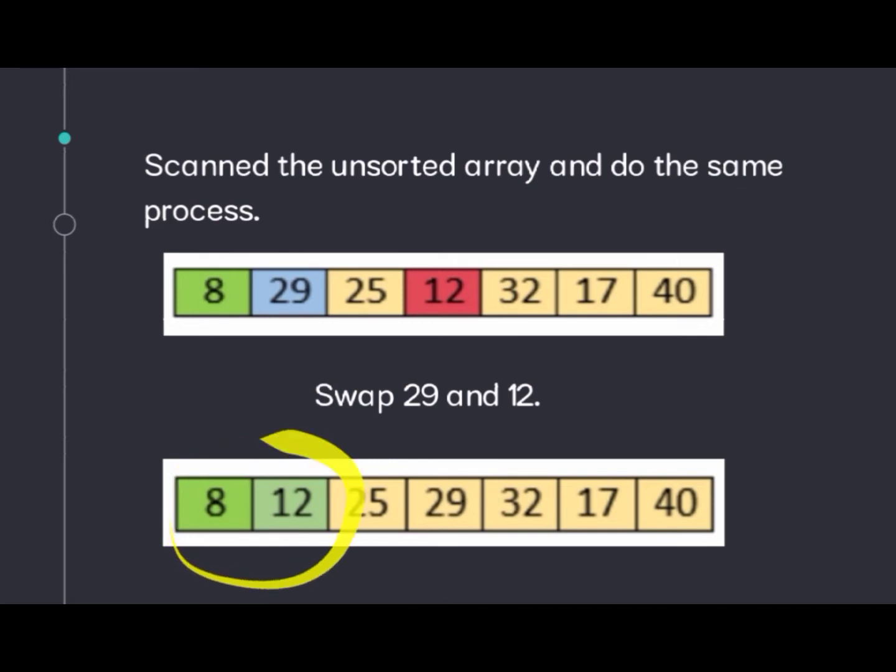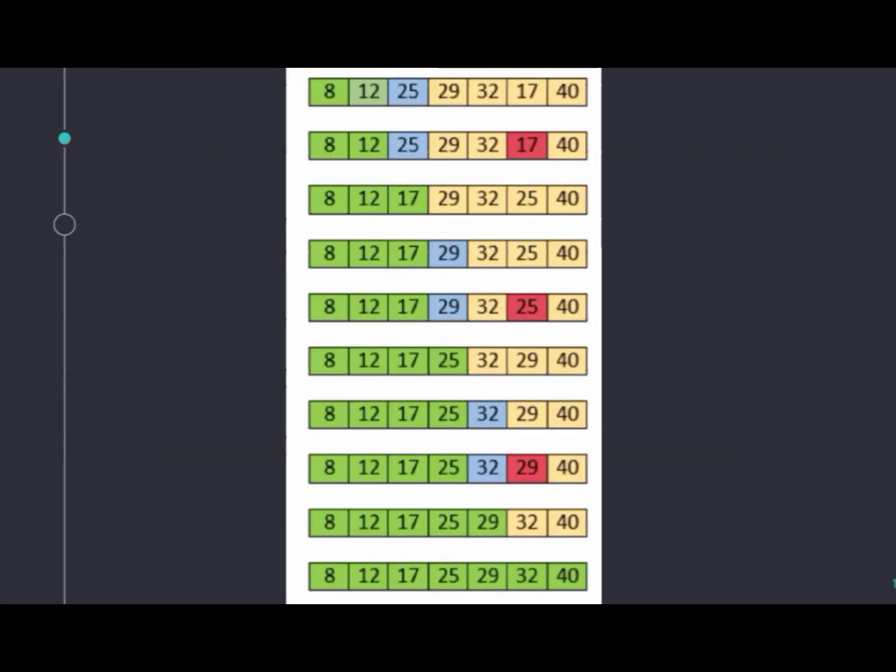Since it is swapped, we're going to proceed to the third smallest value, which is 17. Since 25 is greater than 17, then it will be swapped. Here we can see that 17 is already in its right position.